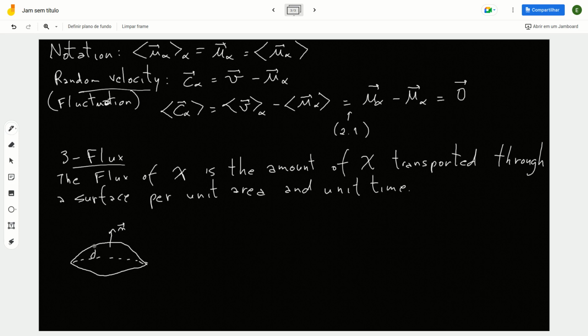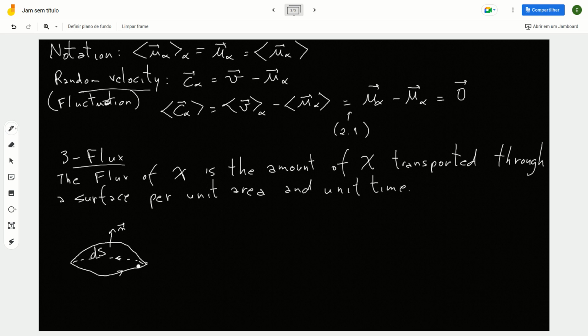This is a ds element of a surface. We will need to define what is the positive sense for this surface. We'll orient the surfaces, and usually we're going to use the anti-clockwise direction for the boundary.